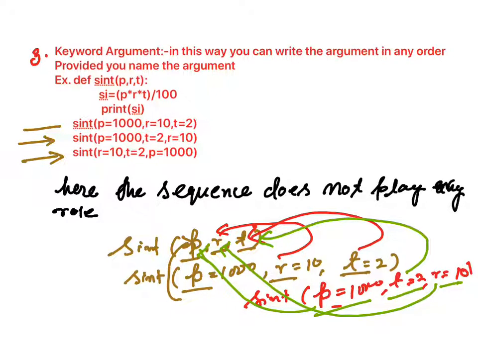It doesn't matter in which sequence you are giving the values; R will be received by R, T will be received by T, and P will be received by P.